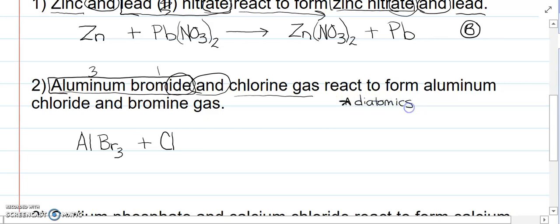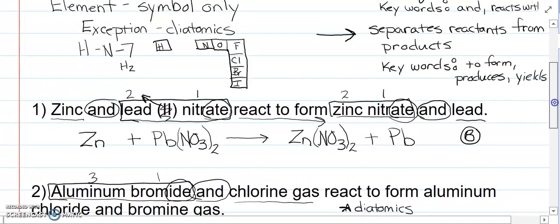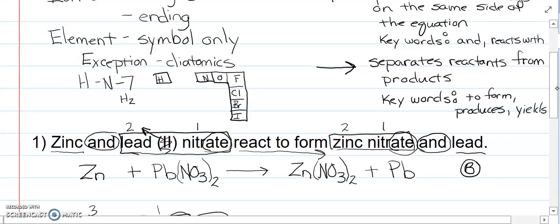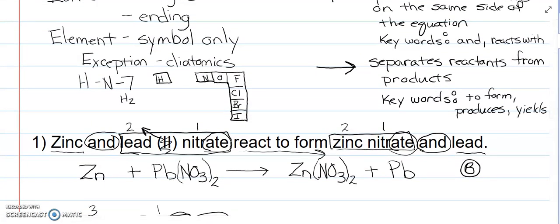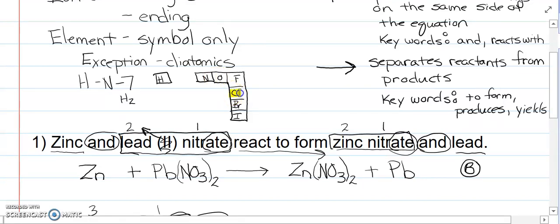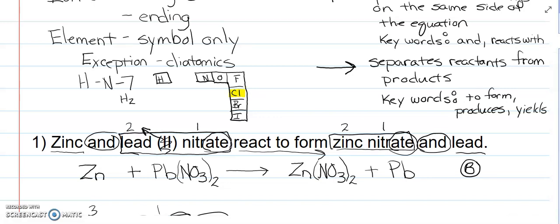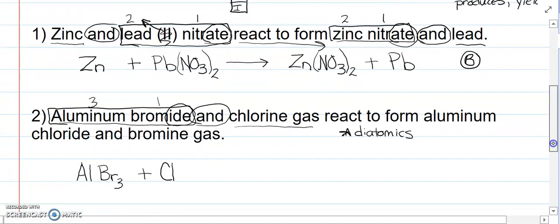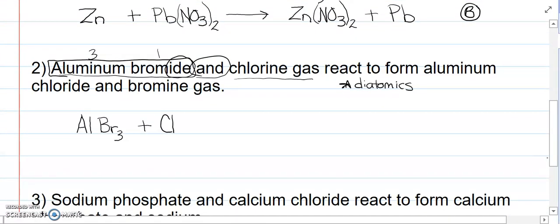Those 7 elements that we talked about up here come up really commonly. And when I write those 7 elements, I am always going to make sure that I'm going to write a 2 beside it as a subscript. So as an element, chlorine is going to be Cl2.